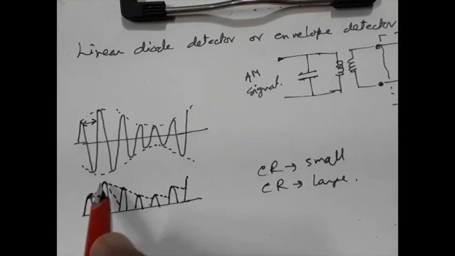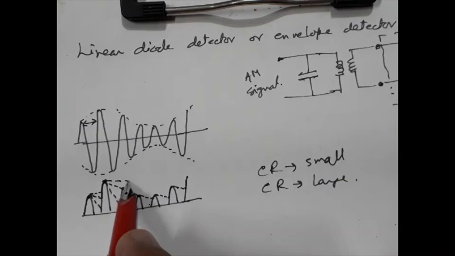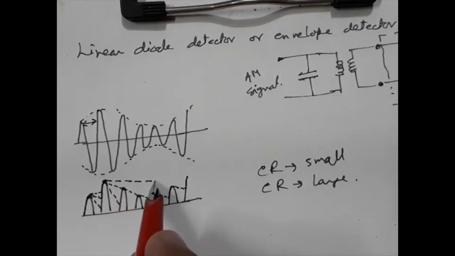Now what happens here? The next cycle has a lesser voltage, but the fall of the capacitor voltage is very small. So the capacitor voltage will now follow this path.